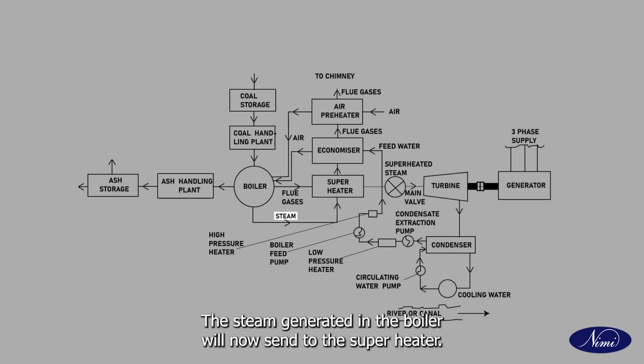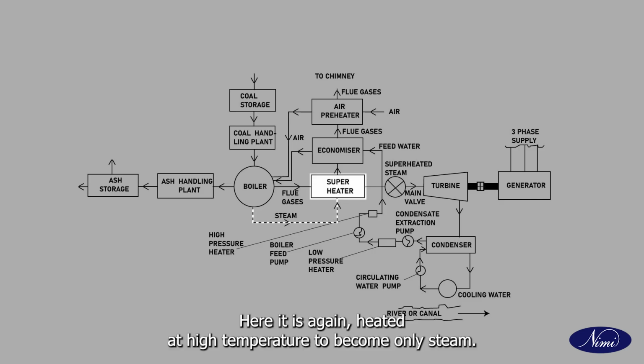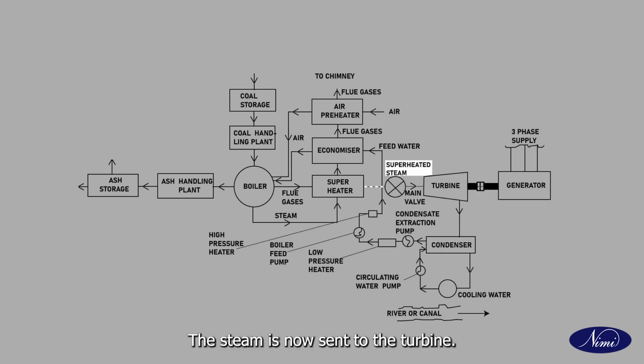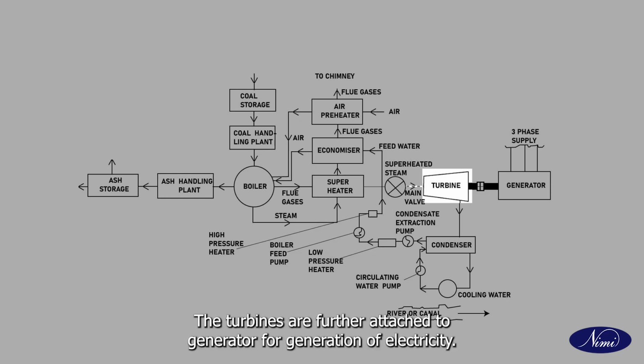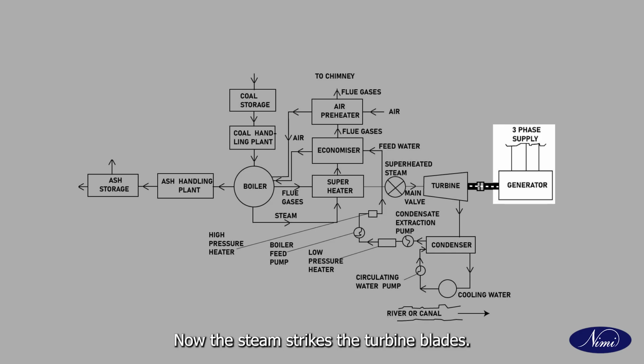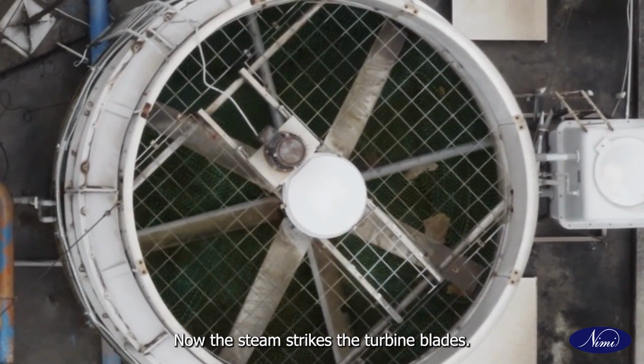The steam generated in the boiler is now sent to the superheater. Here it is again heated at high temperature to become dry steam. The steam is now sent to the turbine. In the turbine, blades are attached. The turbine is further attached to the generator for generation of electricity. Now, the steam strikes the turbine blades.